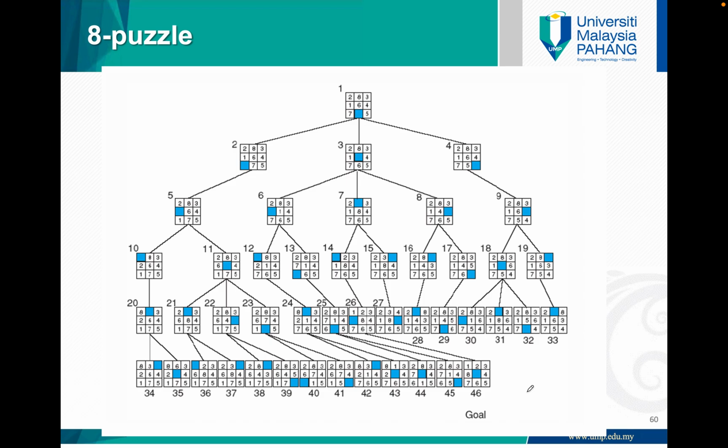So let's compare all the search algorithms that we have gone through. We have breadth first, BFS, uniform cost, UCS, depth first, DFS, depth limited, DLS, iterative deepening, which is IDS, and the bidirectional search.